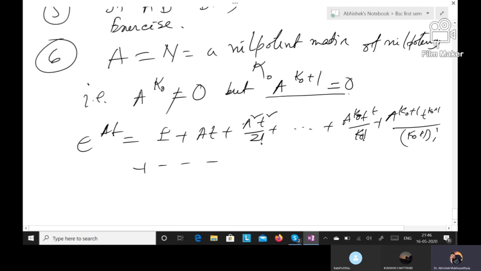Now since a to the power k naught plus 1 is 0, you will see that actually a to the power k naught plus p equal to 0 for all p greater or equal to 1.